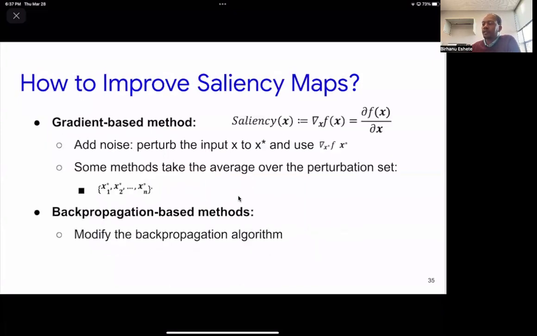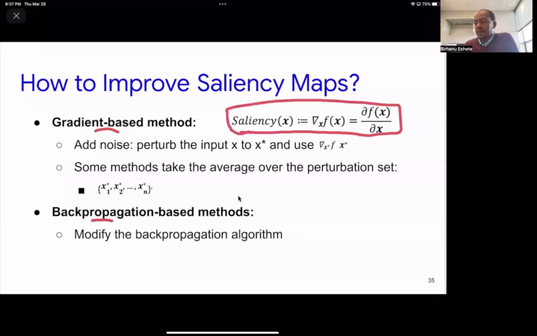Now we have a bunch of hypotheses. How do we improve saliency maps? There are two ways you can look at the improvement of saliency maps: gradient-based approaches and backpropagation-based approaches. Given the saliency map formulation that we discussed earlier, one way to improve is to add noise.